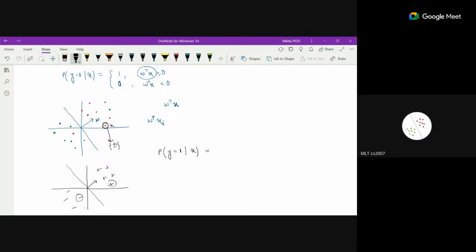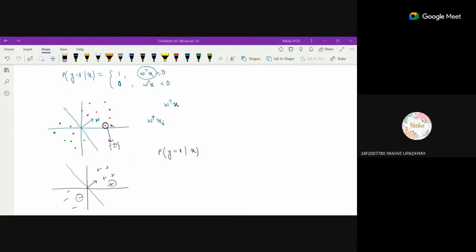How do we give this probability? How many of you know about the logistic function, or sigmoid function?